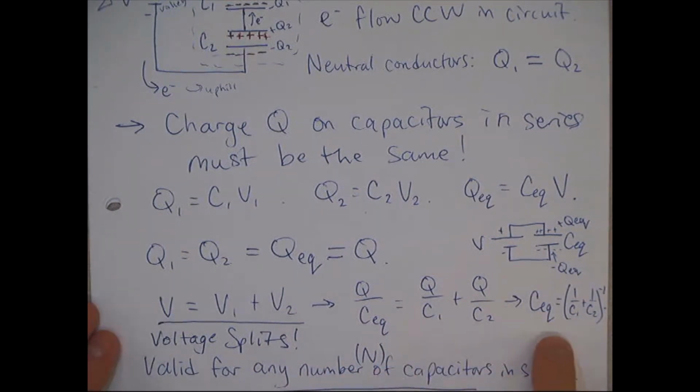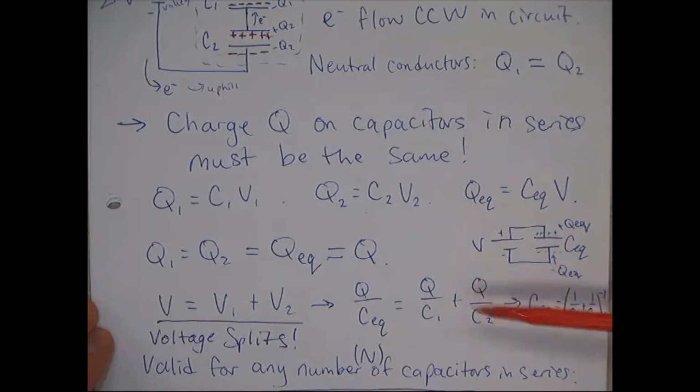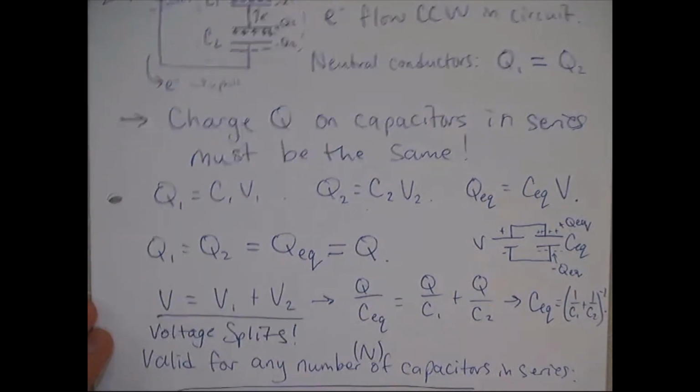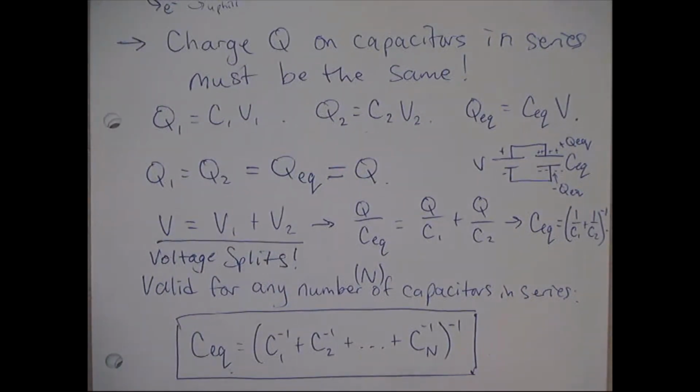All the Q's are common, and we have an inverse relationship now, that the inverse of the equivalent capacitance is equal to the sum of the inverses of the individual capacitors. I've only done the case for 2, but this is valid for, again, any number, capital N, of capacitors that are placed in series with one another.